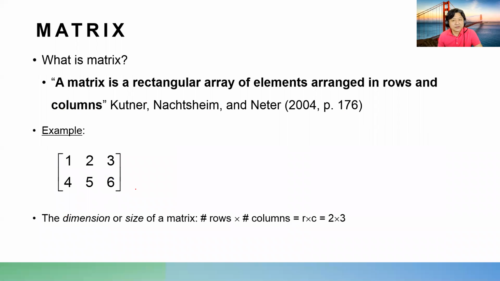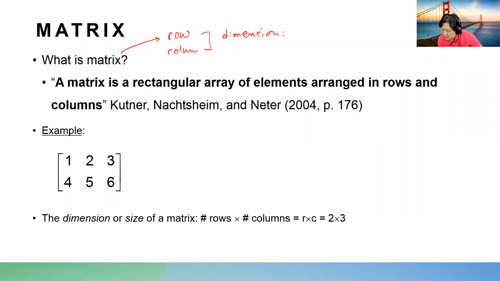And then next, what is a matrix? A matrix is a rectangular array of elements arranged in rows and columns. Basically, a matrix is an extension of a vector. A matrix can have row vectors and column vectors, so it has some dimension.